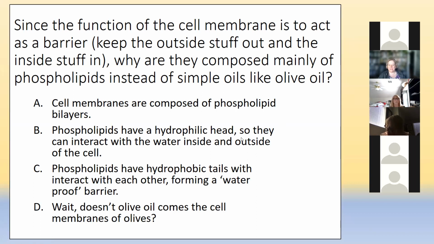Since the function of the cell membrane is to act as a barrier, to keep the outside stuff out and the inside stuff in, why are they composed mainly of phospholipids instead of simple oils like olive oil? By the way, this is a harder question.